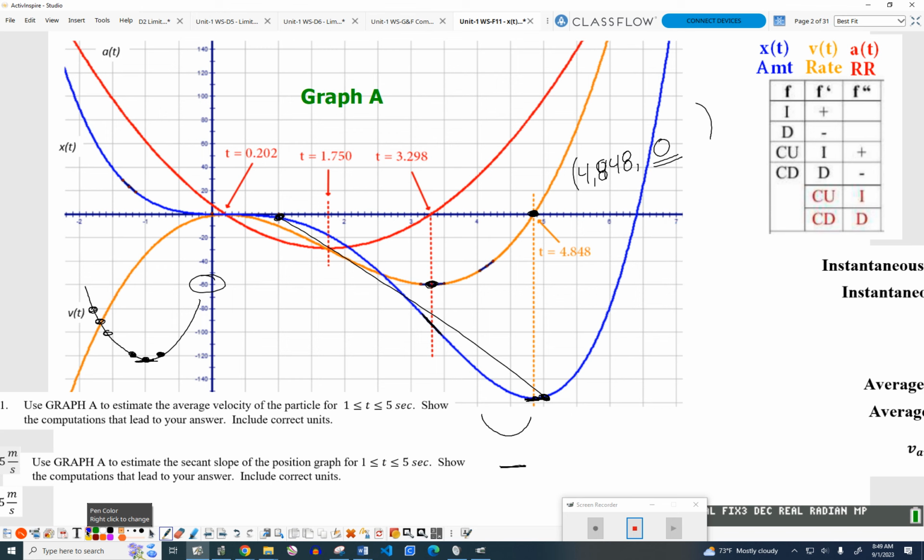But at that moment, is the velocity staying the same through this little time period, or is the velocity changing? It's changing. Definitely changing. If the velocity is changing, there is some acceleration. And I can tell you exactly what it is, right there. It's about 90. That's how you read these graphs.